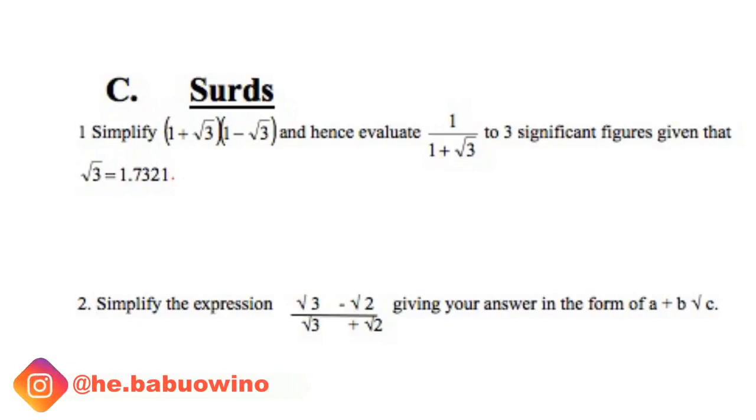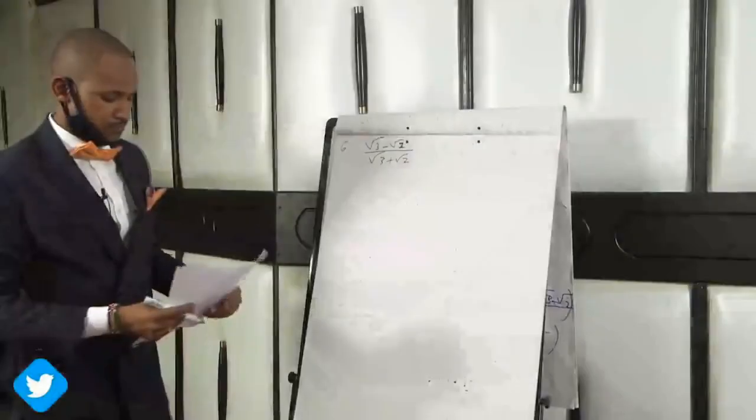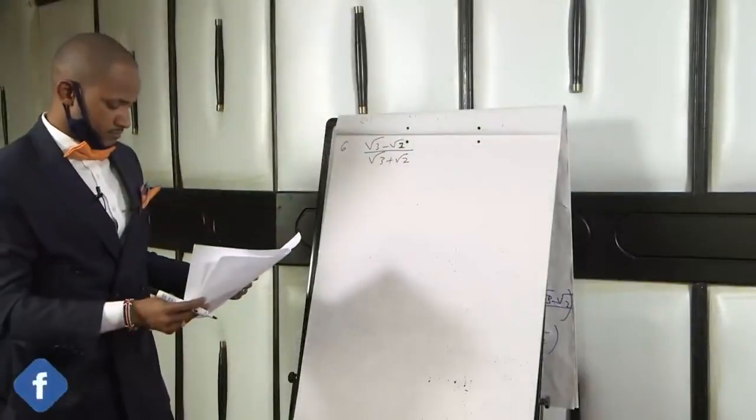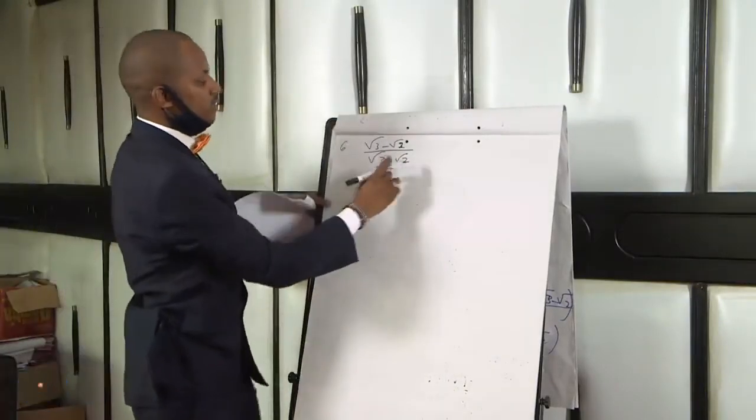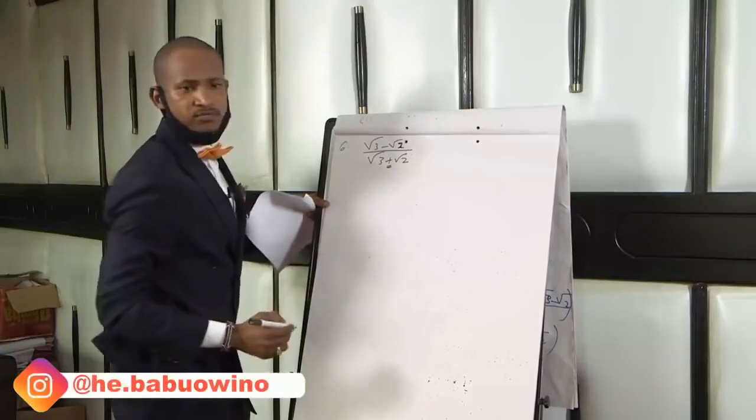When you are told to simplify this expression, do not panic. Just multiply the denominator by its conjugate. When you want to get a conjugate, you just change the sign.